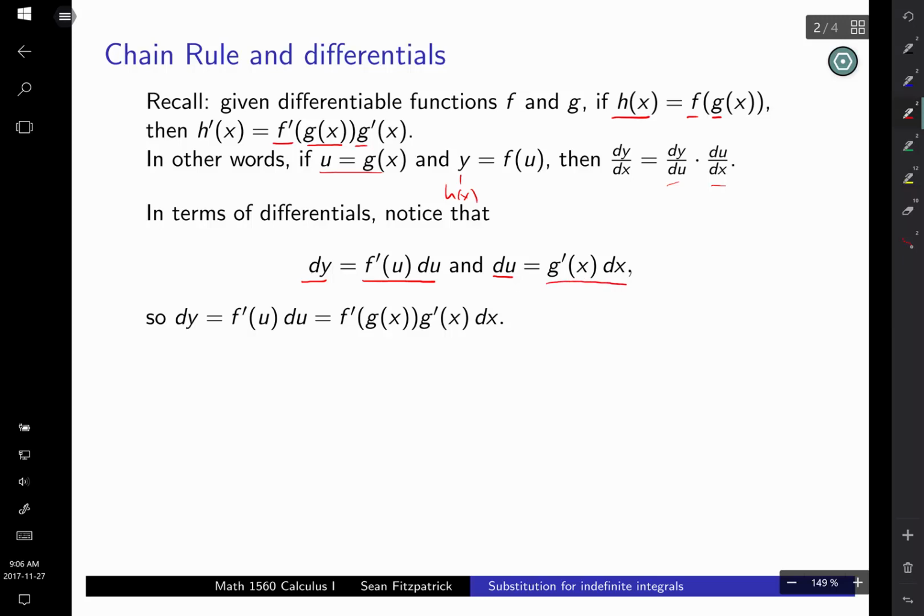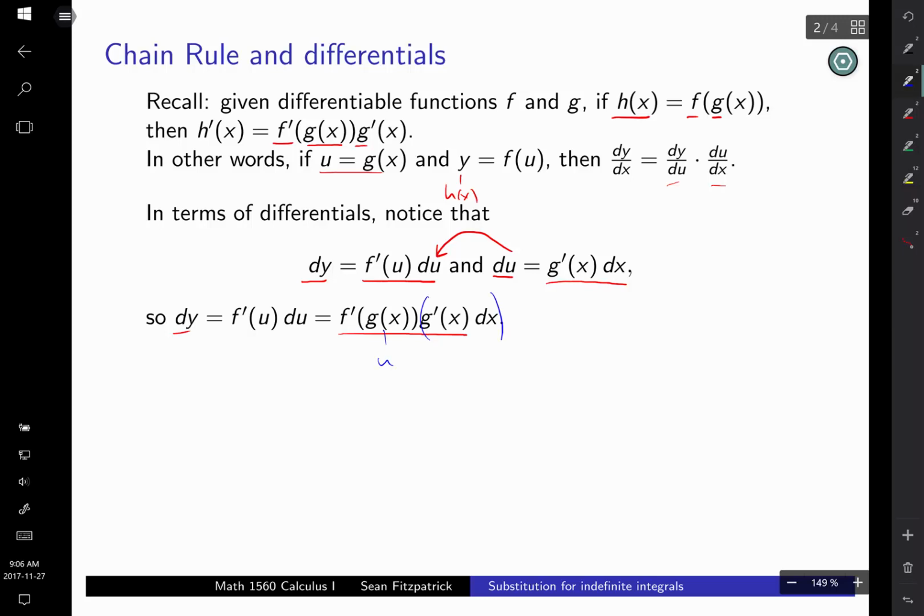If we substitute this in, dy is f prime at g of x times g prime of x times dx. So there's your chain rule. But what we're going to do is split off this part and recognize that this is basically our u here.